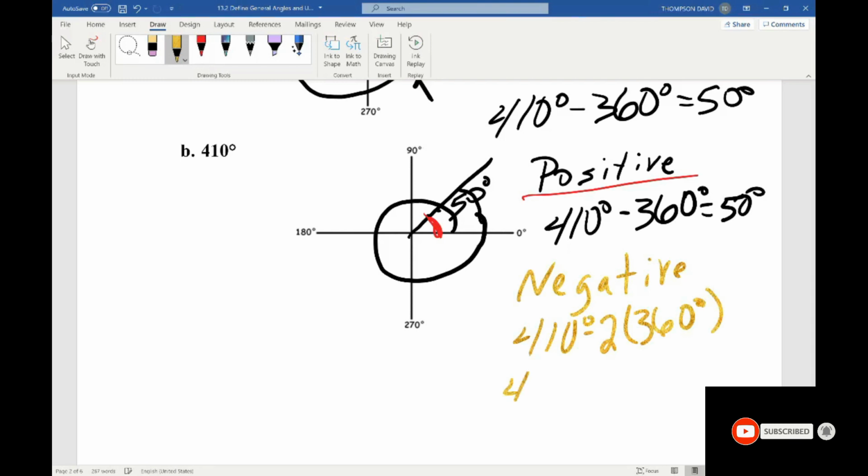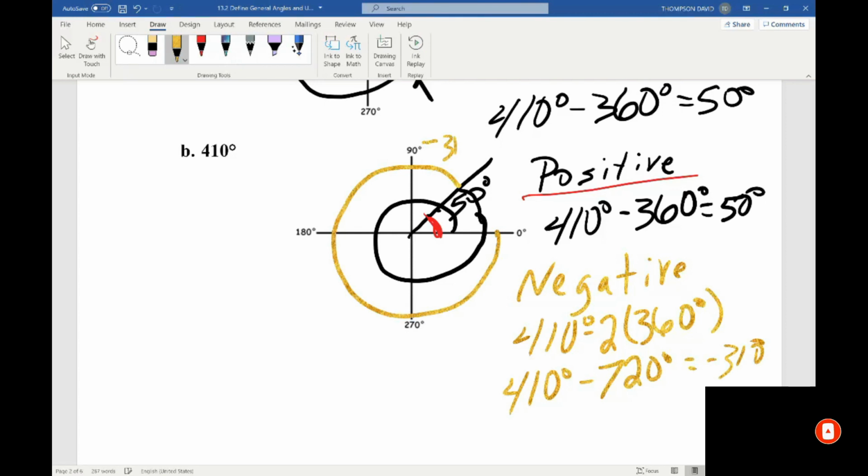So that's going to be 410 minus 720, and that is negative 310. So working our way backwards, there's negative 310 degrees, and we have our positive and negative angle.